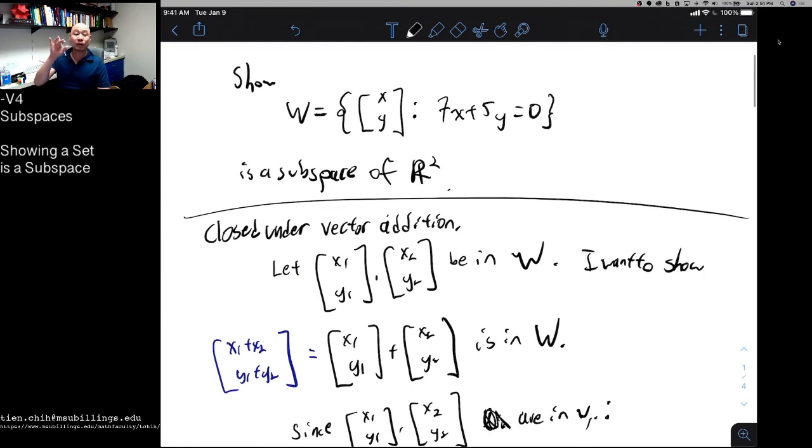So it's closed under vector addition. It's closed under scalar multiplication.